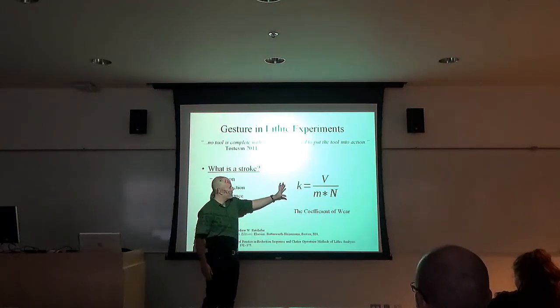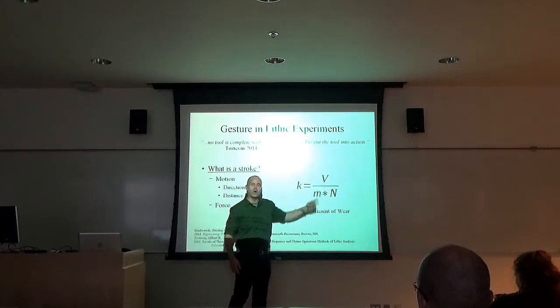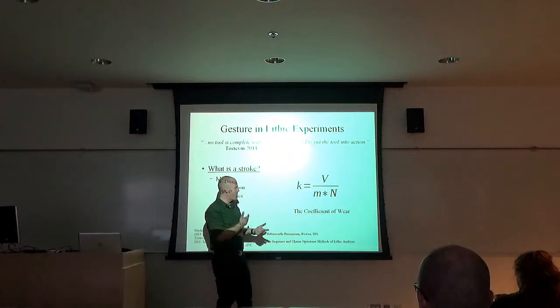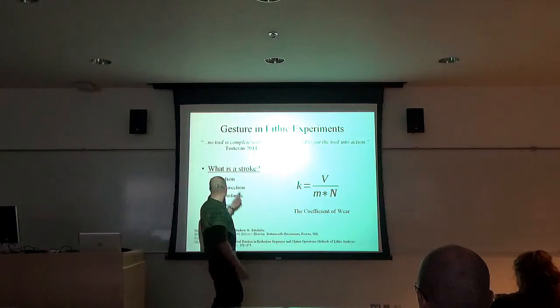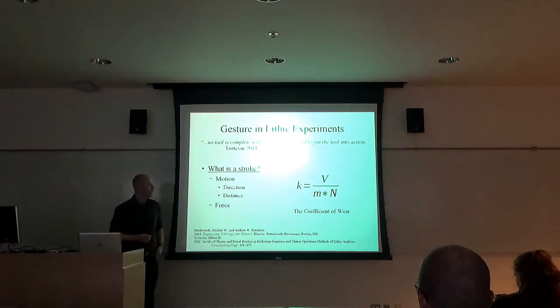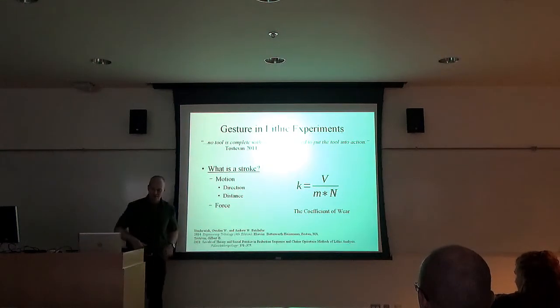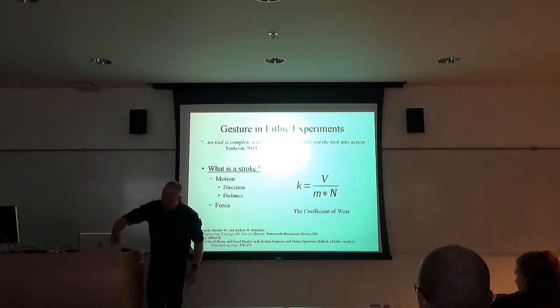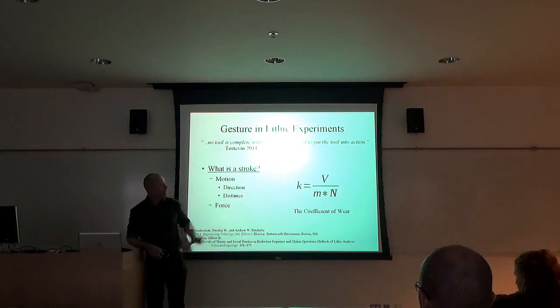Wear, the K, is the volume of material lost from an object, over the distance of motion times the force. Specifically, it's the normal load. So if I'm punching this table straight, that's the normal of this table. It's directly perpendicular to this surface, and that is the force we're talking about.